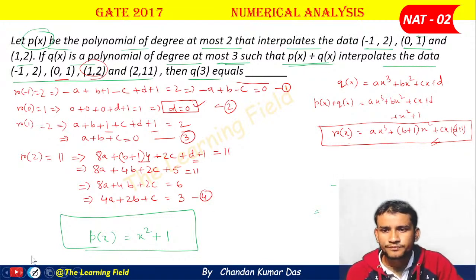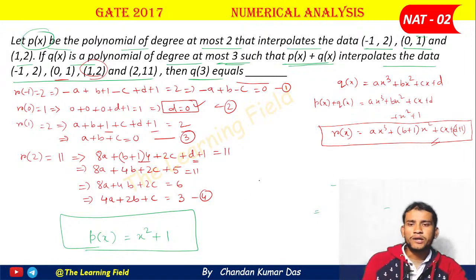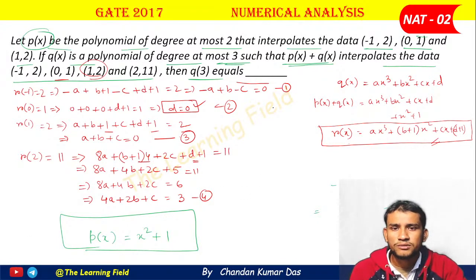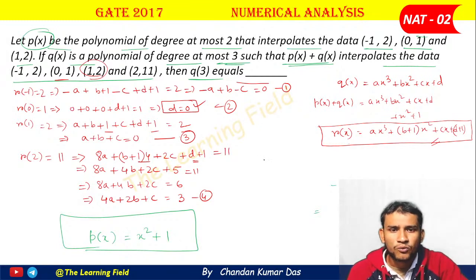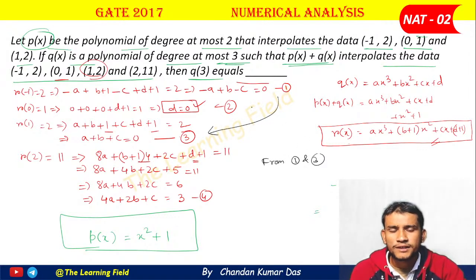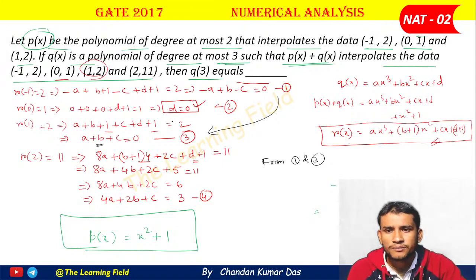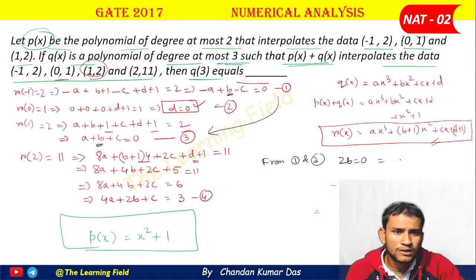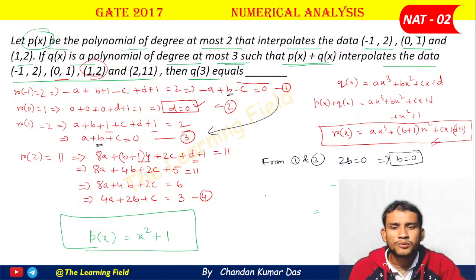Now how can we solve these equations? From 1 and 3, if we add these two equations, we get 2b equal to 0. This implies b also equals 0. Therefore we get b and d equal to 0.